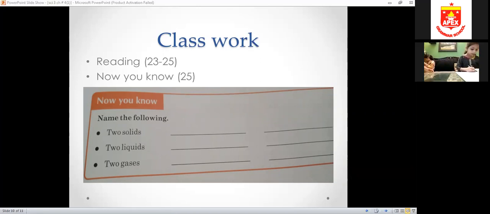First, we are going to start from page number 23. Students, wait a while.